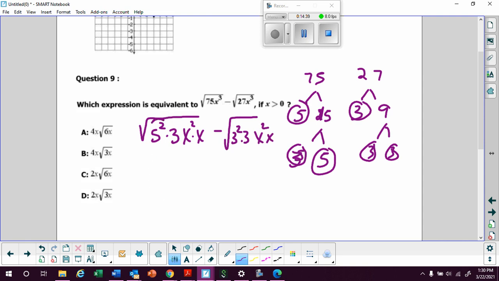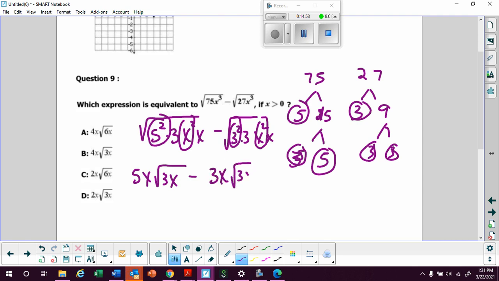So what can come out of the square root? This can come out, this can come out, this can come out, and this can come out. So I have 5x, the square root of 3x, minus 3x, the square root of 3x.